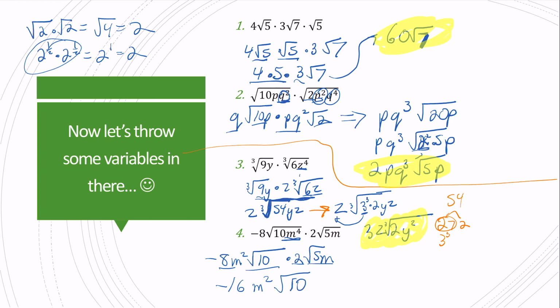That should be a 50. The square root of 50, well, 50 is 2 times 25. So I'm going to have negative 16m squared square root of 5 squared times 2. So negative 16 times 5, that's going to be negative 80m squared square root of 2.